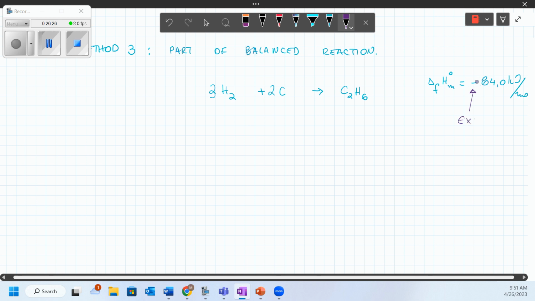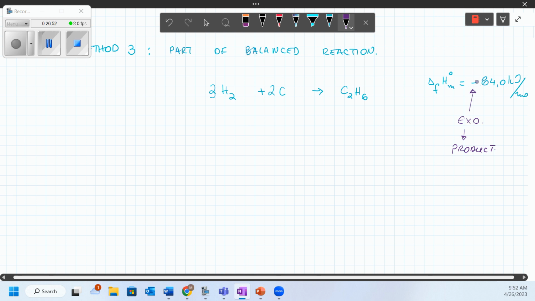It's an exothermic reaction. Will this number be on the product or on the reactant side of the reaction? On the product side of the reaction. Great. Now this is the molar.